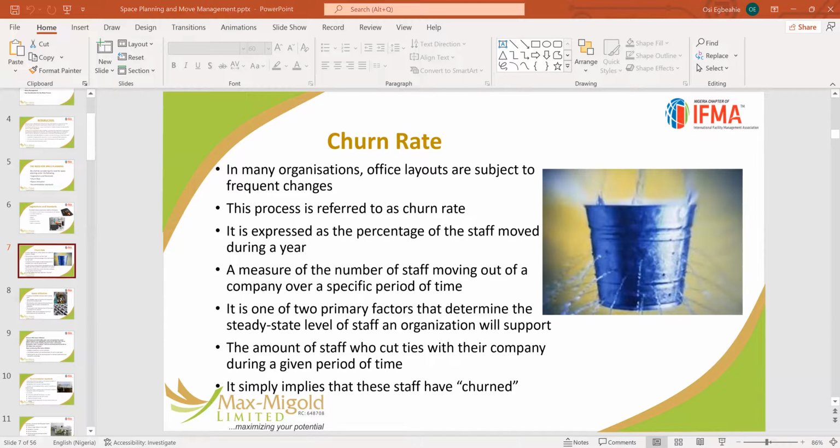And you are supposed to track the movement as facility managers to ensure that you have adequate data to advise management at every point in time on what they require to do to ensure that the space is well utilized. In a situation where you have a lot of people leaving the organization over a 3-year period, you should have a mapping that shows, oh, at the beginning of the first year, you had 100 staff.